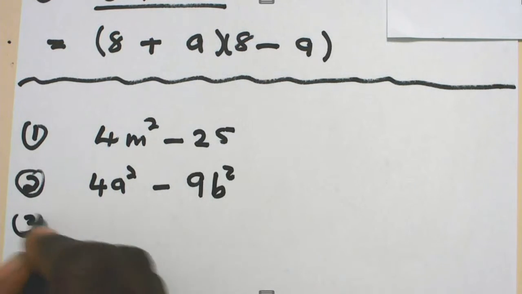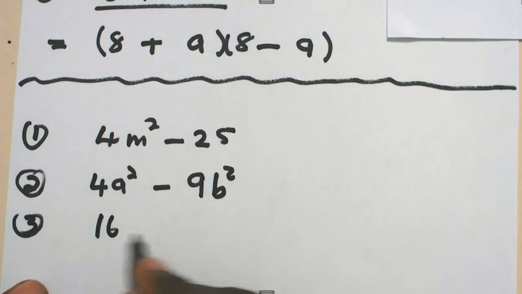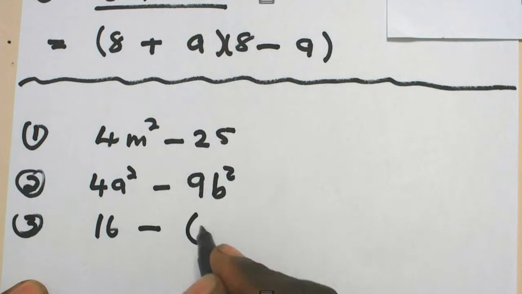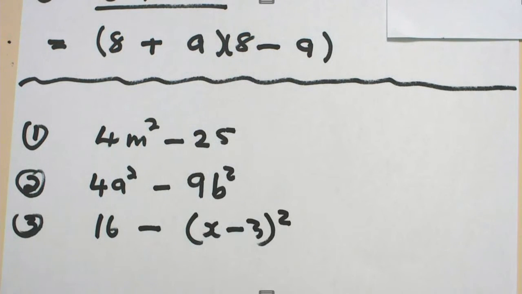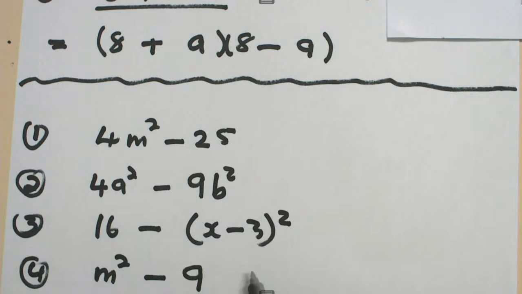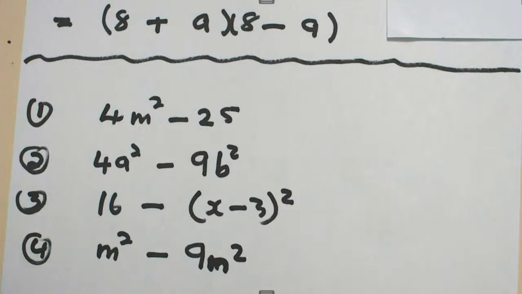Number 3, 16 minus x minus 3 all squared. And number 4 is m squared minus 9n squared. These are the 4 that I would like you to complete at home.